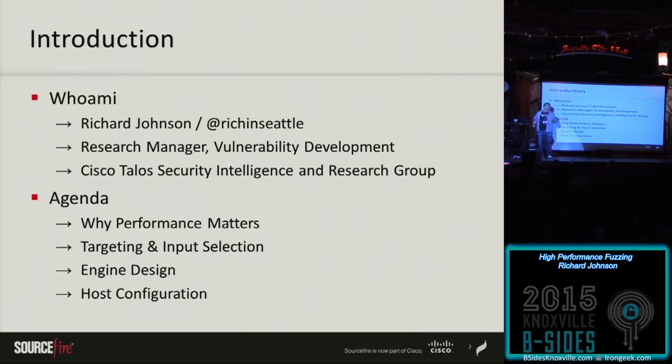So that means your actual software target itself, and then the inputs that you're creating to try to cause those crashes. And we'll look at engine designs and how they've been fine-tuned over the last 10 years or so, and what techniques you can use to make your engines run faster and be more effective. And then finally at the end, we'll wrap up with a kind of overview of how to tune your hosts that you're actually running the fuzzers on.